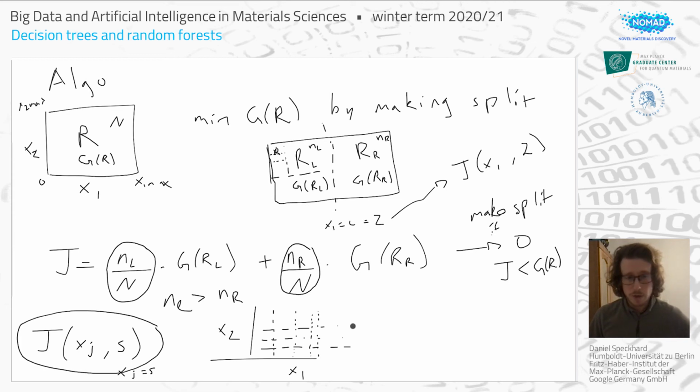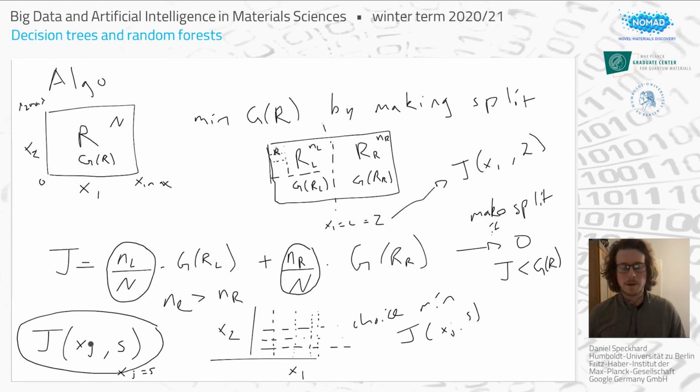And we're going to make the choice that minimizes j of xj, s. So we find out what are all of these values, we come up with a matrix, and then we choose the one that minimizes this cost function. And there are algorithms that do this in a little bit smarter way to speed up this computation, but in essence what we're really trying to do is just find this split that minimizes the Gini for a region.